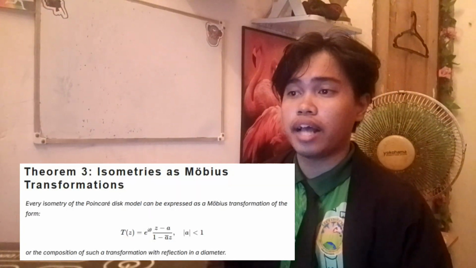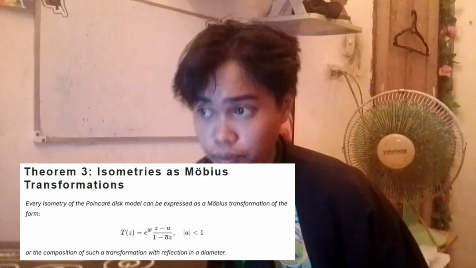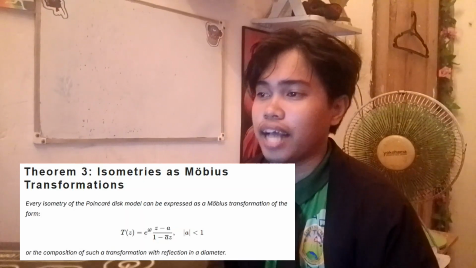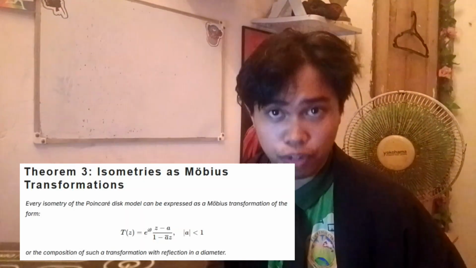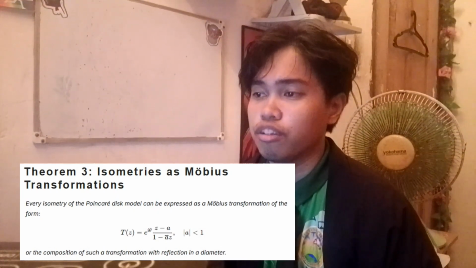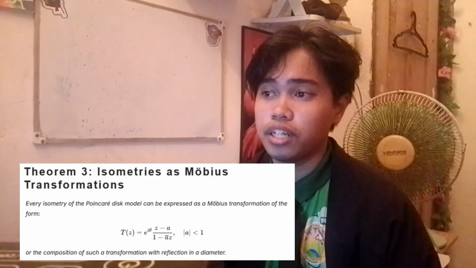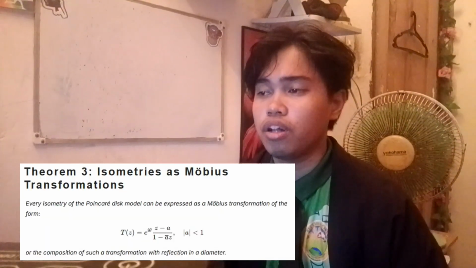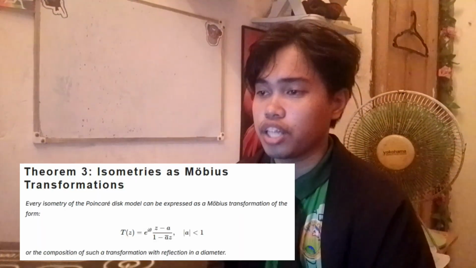Now let's move on to the third theorem, or what we call isometries as Mobius transformations. In the theorem, every isometry of the Poincaré disk model can be expressed as a Mobius transformation of this formula, or the composition of such a transformation with reflections in a diameter. Again, it's hard to interpret because we don't recognize the wordings in the theorem.